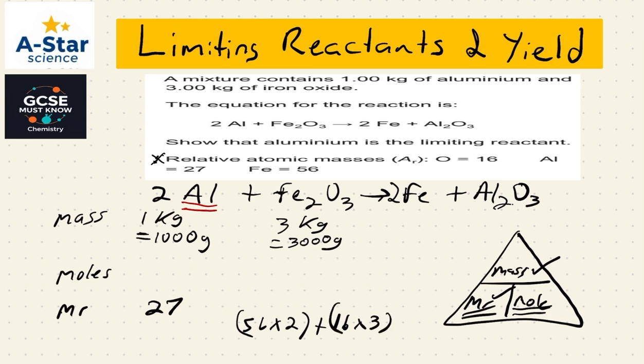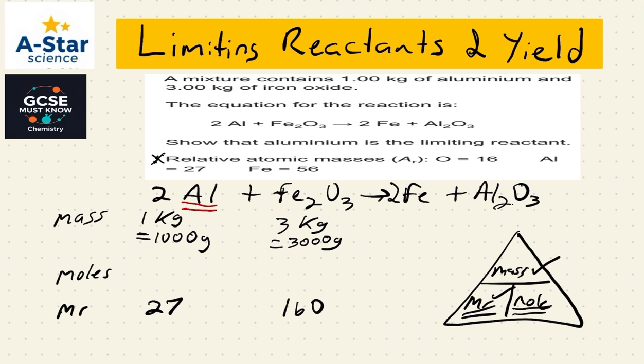Okay, so let's calculate that on the calculator. I said I'm going to do all the calculations with you. 56 times 2 plus 16 times 3. And that's going to equal 160. So let's clear the board a bit, give us a bit more space so we can work. That was 160.